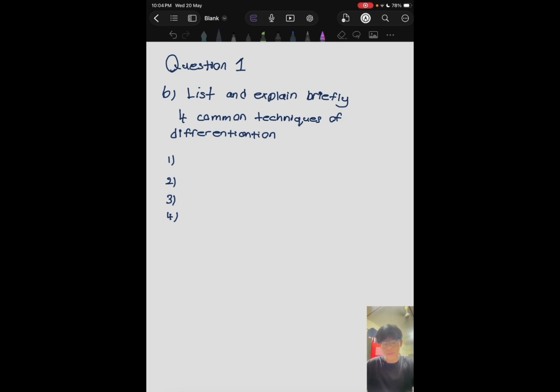The question asked is to list and explain briefly 4 common techniques of differentiation. The first common technique of differentiation is the product rule. What is the product rule? Product rule is the technique where a function is made of two different terms multiplied together, which we can write as y equals uv.